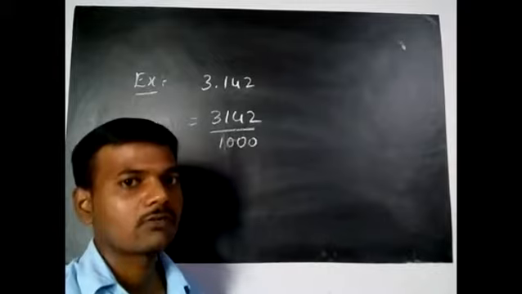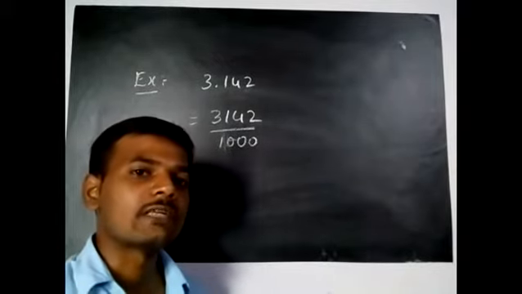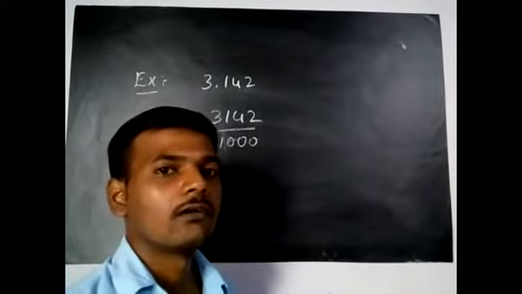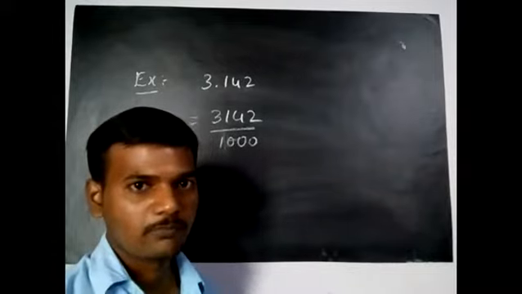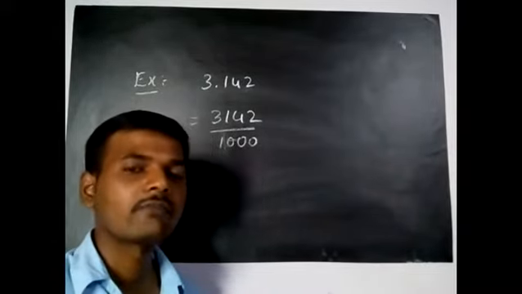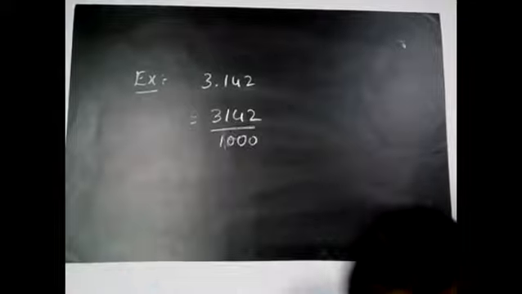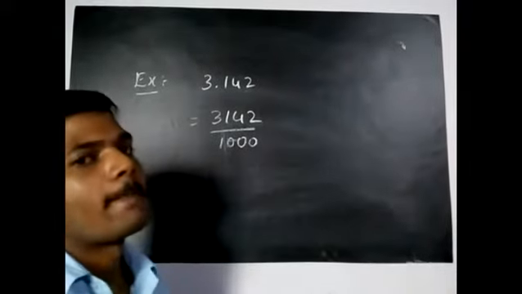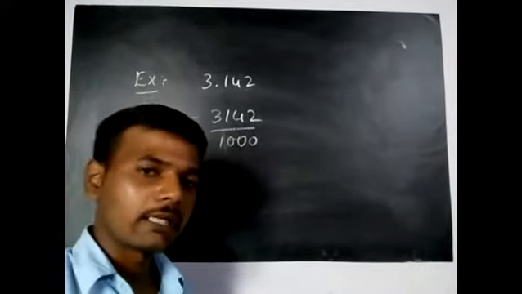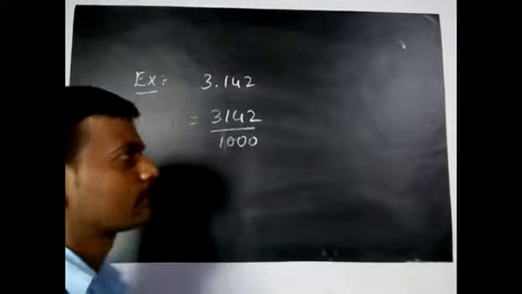So it is very easy to convert the terminating decimal expansions into P by Q form. Now let me give some examples of how to convert the non-terminating recurring decimal expansions.